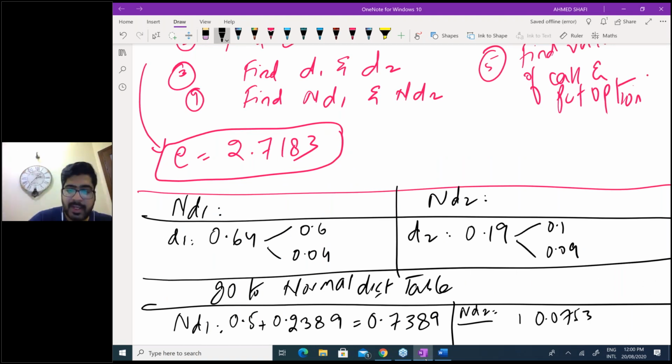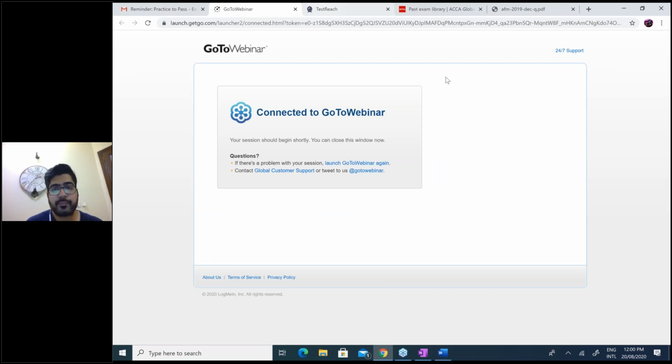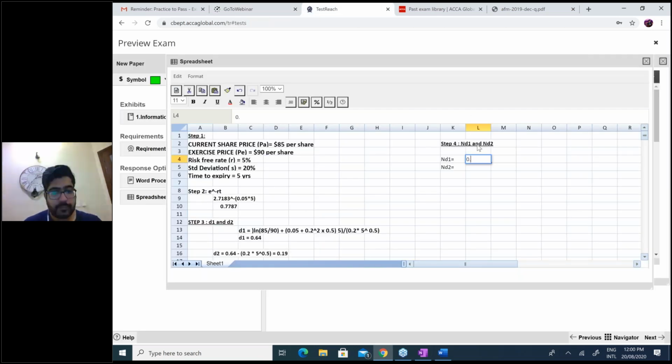Since this was positive, add 0.5 to the relevant number, giving 0.5753. So ND1 is 0.7389, and I will enter it here. And ND2 is 0.5735.